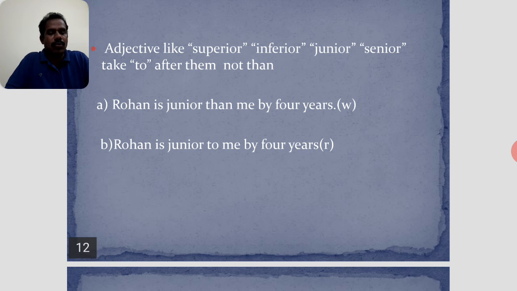Many takes a plural verb whereas many a takes the singular. Many takes plural, many a takes singular. So let me tell you, many students have appeared for the test. Many a student have appeared for the test is wrong.